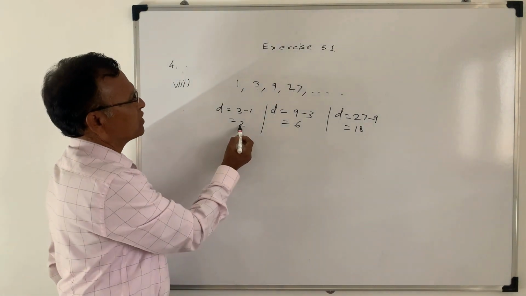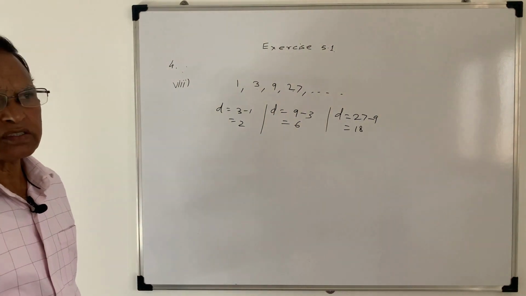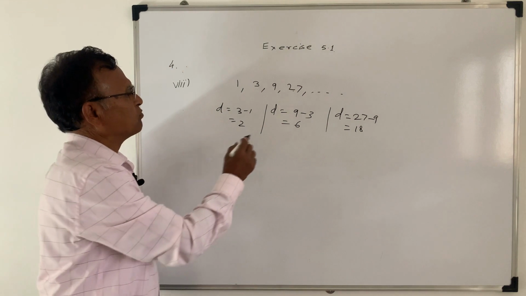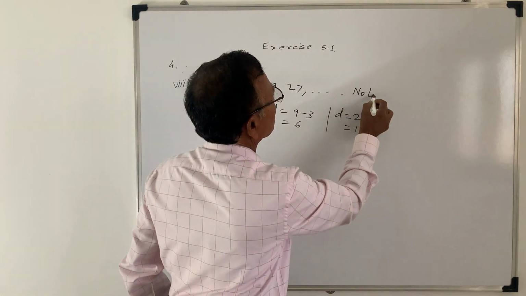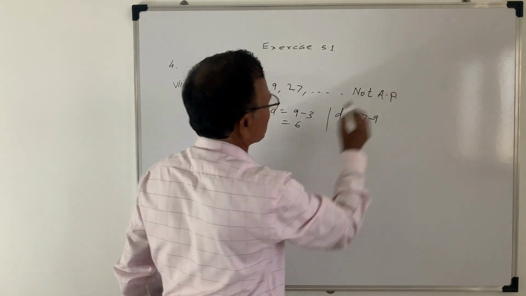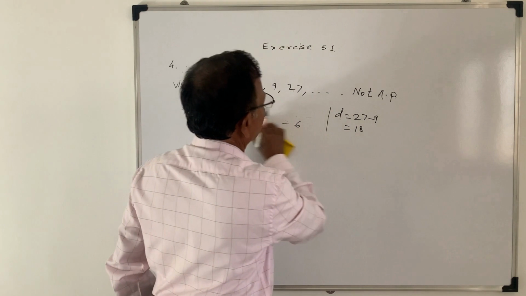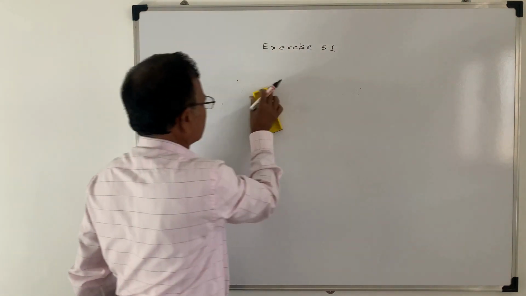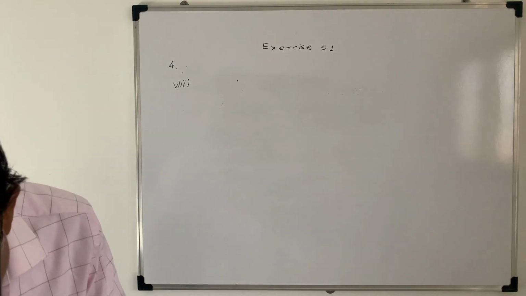So common difference here 2, 6, 18 varies. Common difference is not constant, not same, and therefore this is not an arithmetic progression. So thus you can solve other examples given here.